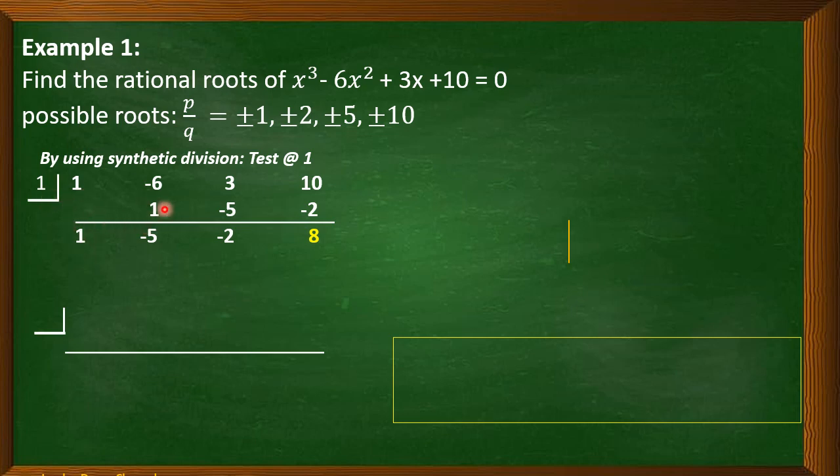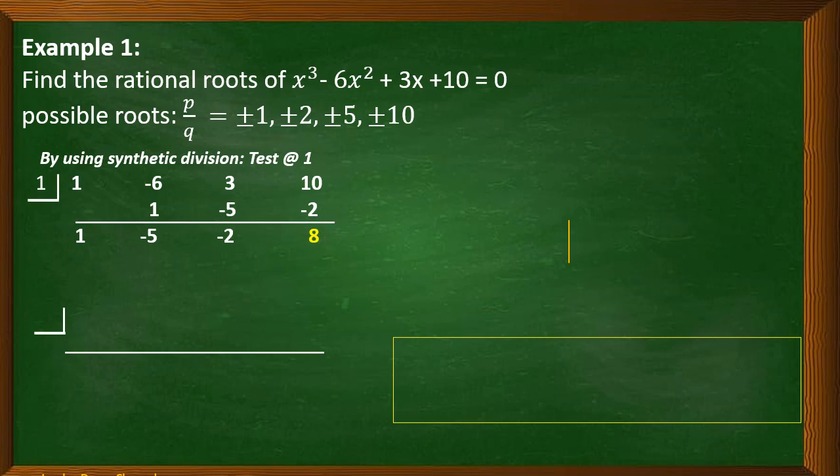Negative 6 plus 1 is negative 5. Negative 5 times 1 is negative 5. 3 plus negative 5 is negative 2. Negative 2 times 1 is negative 2. 10 plus negative 2 is equal to 8.